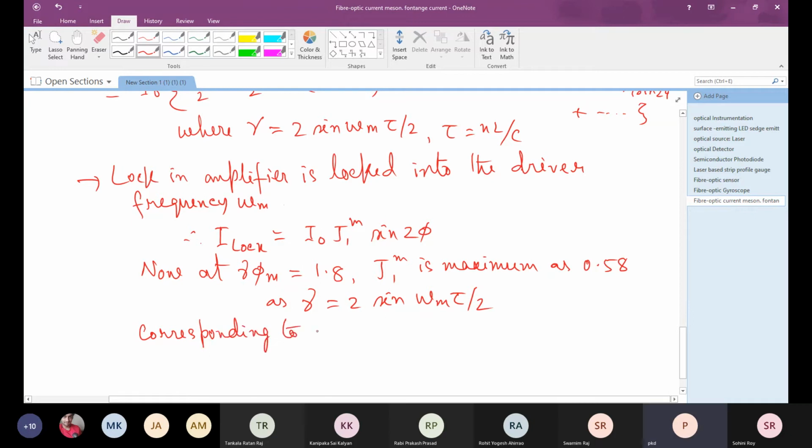Corresponding to a fiber length, we have a fixed tau.